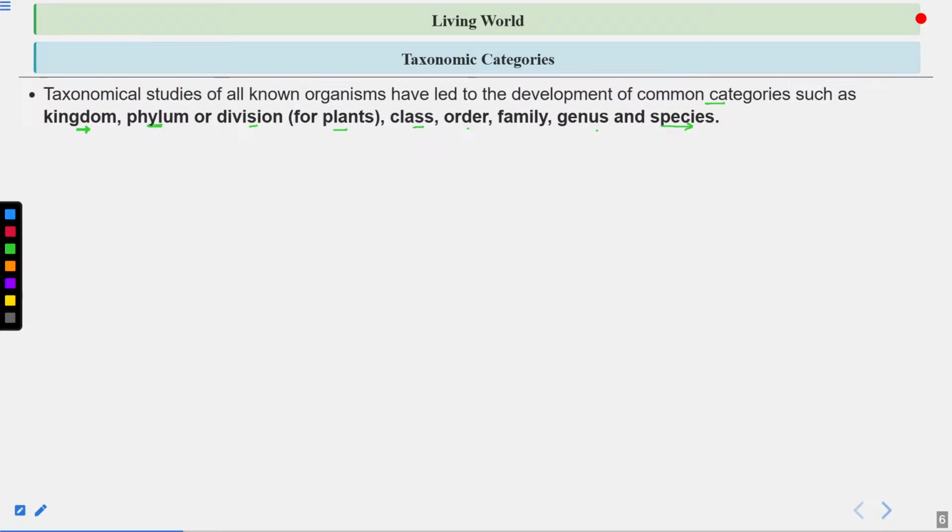So kingdom is a very broad category, and remember, it is the highest category, and the number of similarities between the members belonging to this category will be minimum.